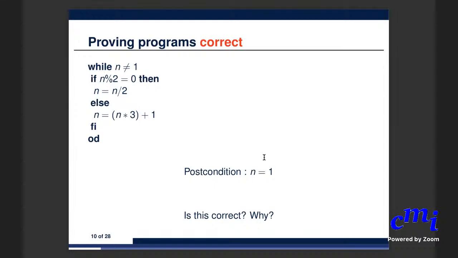Therefore, the point I'm making is that you can have the same post condition, and the program could be correct with respect to different preconditions, and among them you can define the weakest precondition.